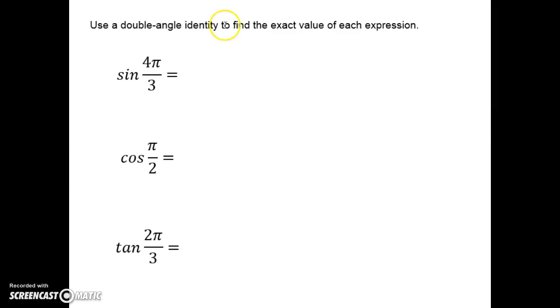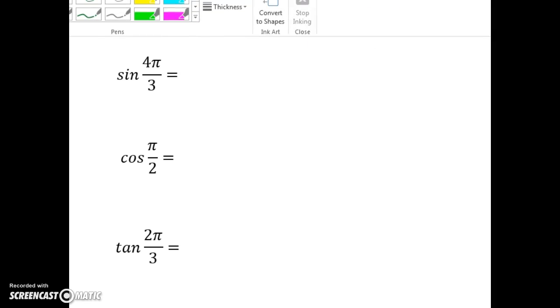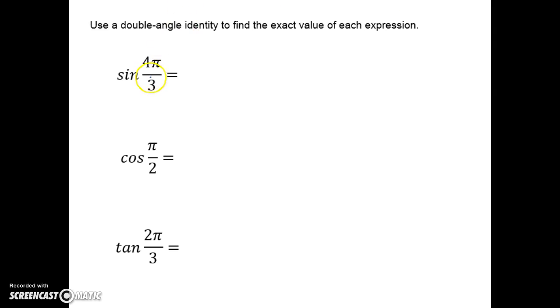So we're going to use the double angle identity to find the exact value of each of these expressions. So this first expression, if we want to use the double angle identity, then I'm going to have to rewrite 4 pi over 3 as a double angle.